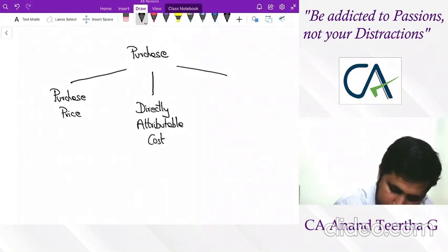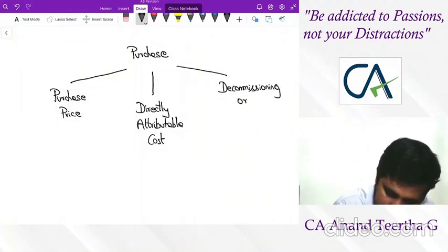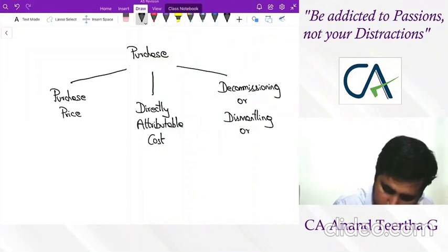Three, decommissioning, or dismantling, or restoration.